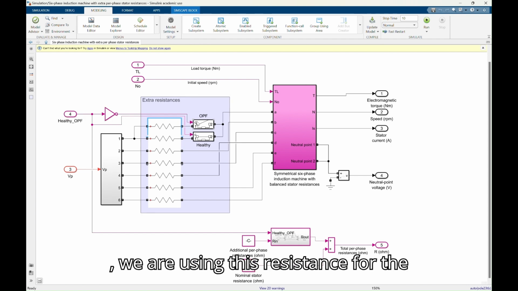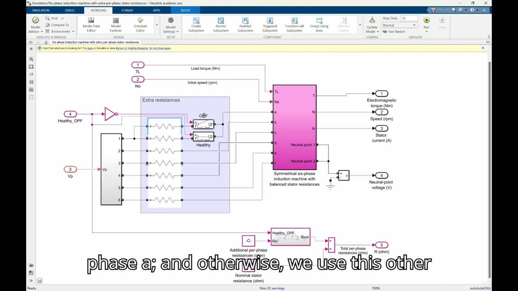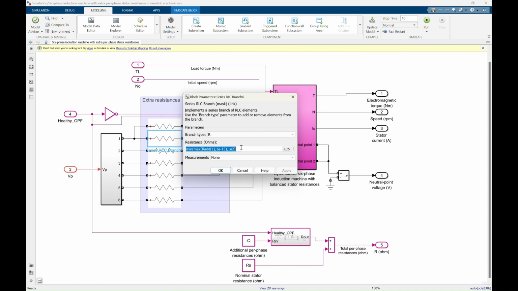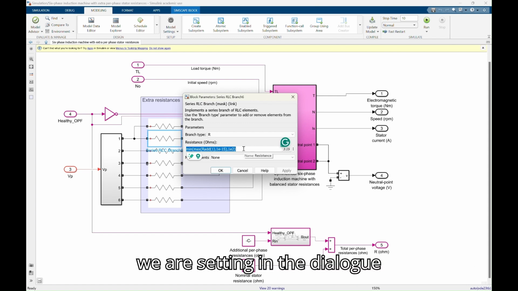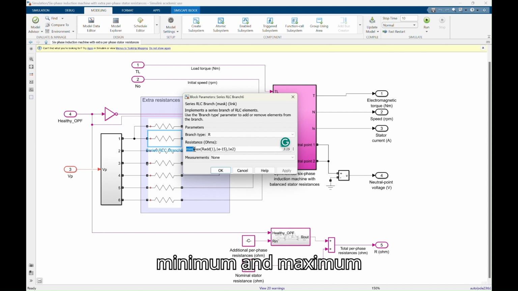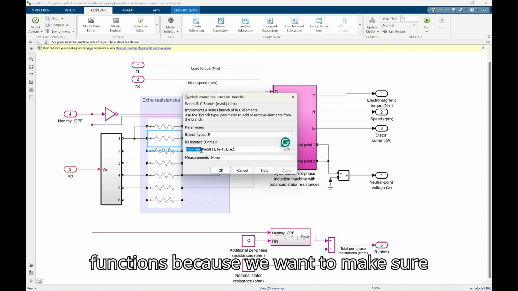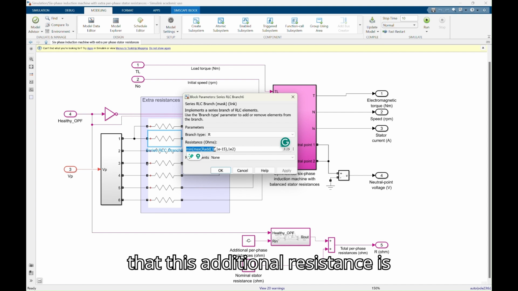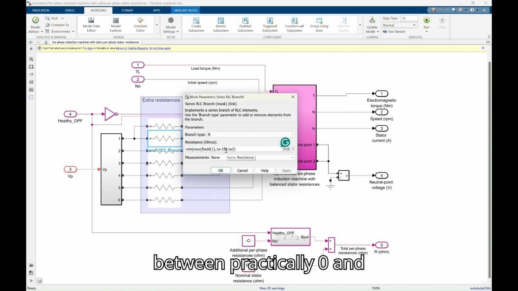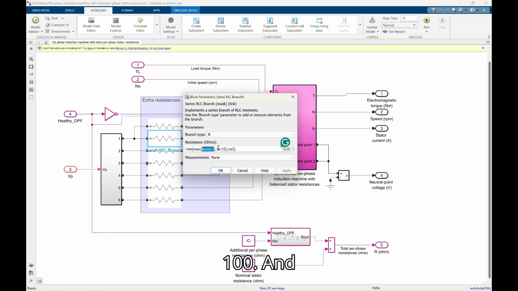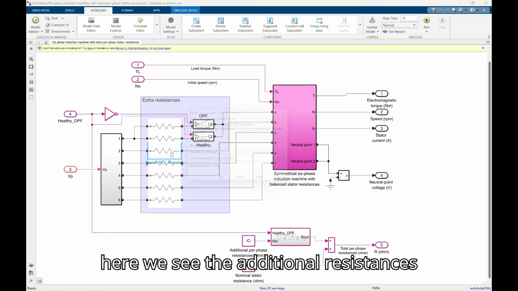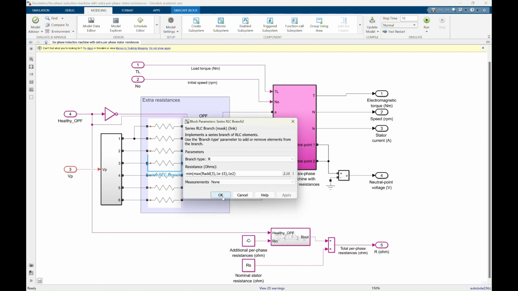Okay, so in case it's zero, we are using this resistance for the phase A, and otherwise we use this other one, which is the one that we are setting in the dialog of the mask as we have seen. So here we use minimum and maximum functions because we want to make sure that this additional resistance is between 0 and 100. And here we see the additional resistances for the other phases.